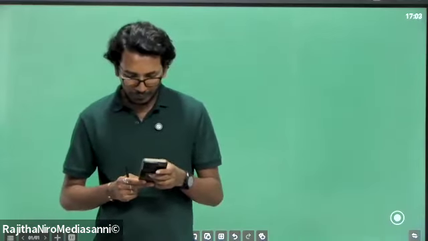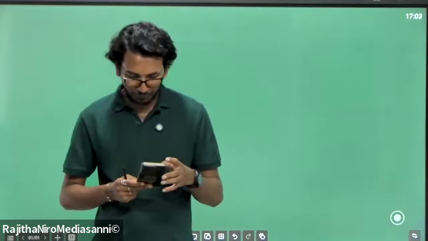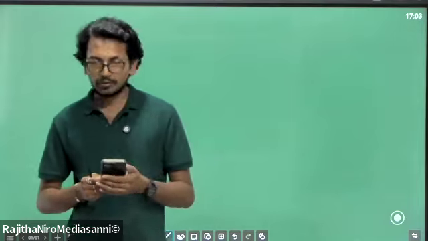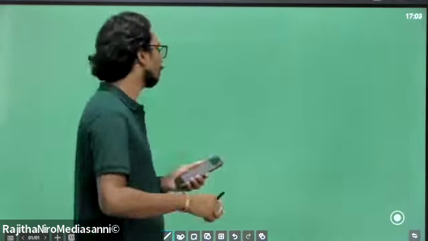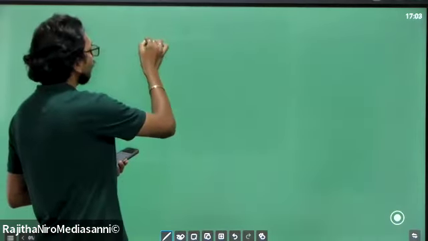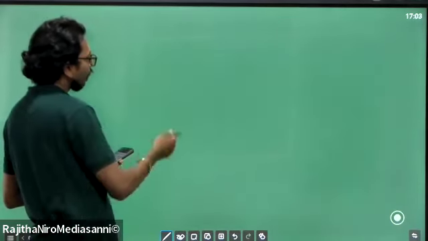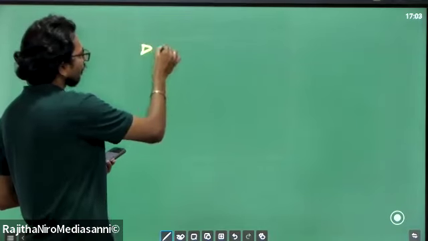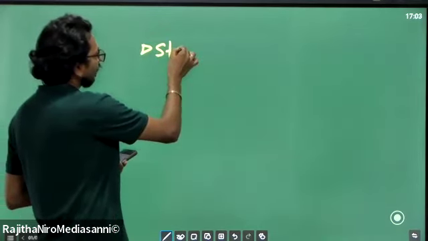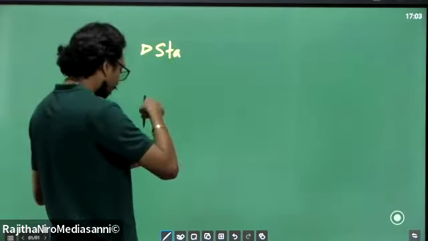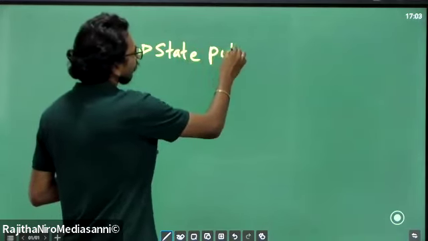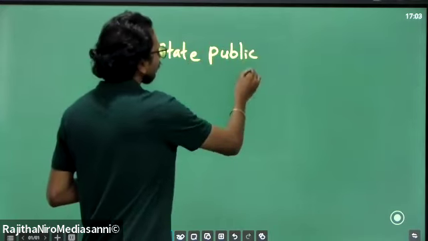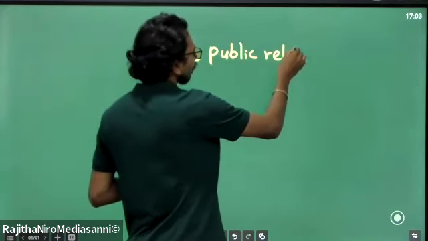Then, according to the 1-3 publication PDF, types of the publication, first one. Mainly we can note down what types we have. So the first type is state public relations.